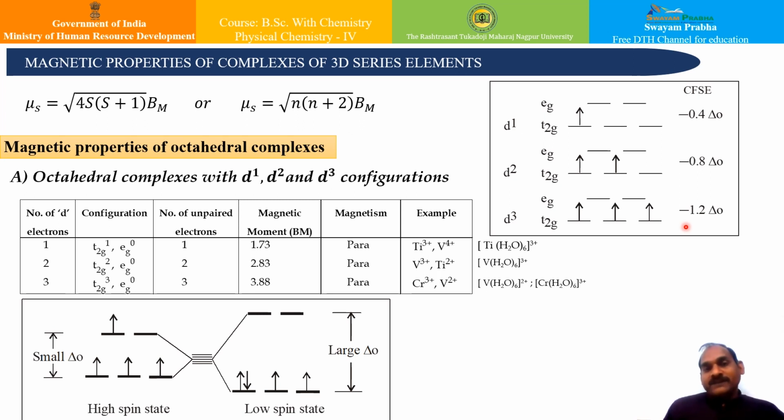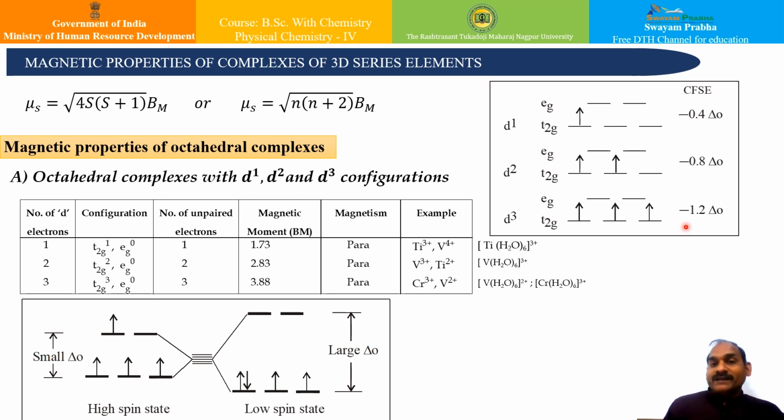Now, how are high spin and low spin octahedral complexes formed? In some complexes, there is a possibility of more than one type of electronic configuration. The configuration in which the number of unpaired electrons is less has a low value of total spin, and thus it is called a low spin complex.